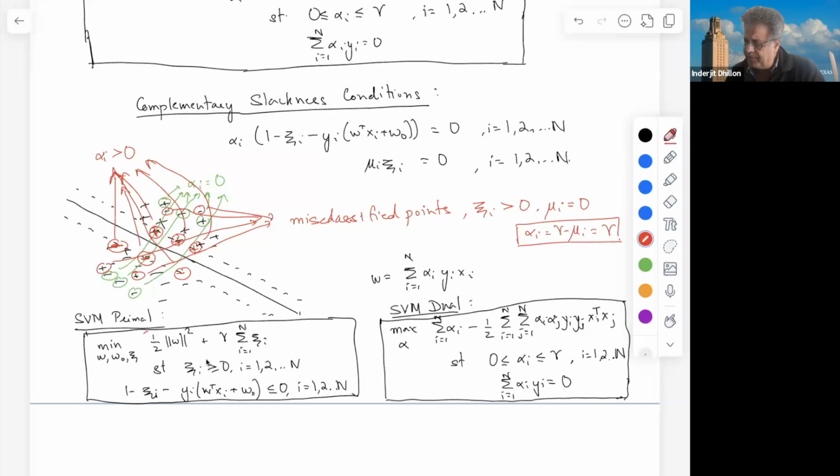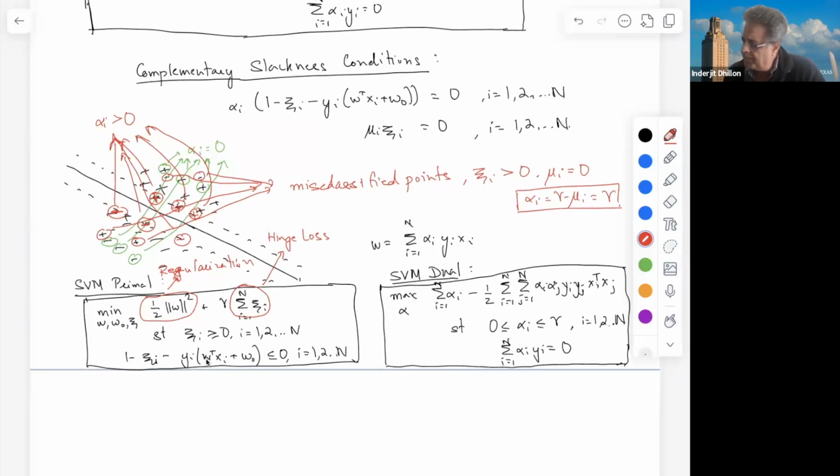You can actually think of this as regularization. And this quantity is actually a classification loss, and it turns out that this is something called the hinge loss. We'll come to that towards the end of the class.